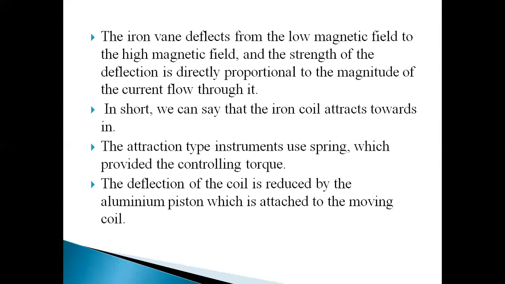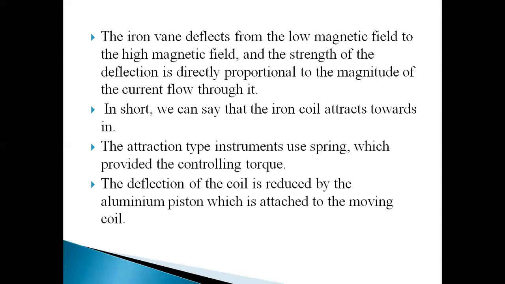So the deflection of the coil is reduced by the aluminum piston which is attached to the moving coil. And meanwhile, if the instrument is placed in the circuit where we want to measure the voltage or current, whenever the current passes through it, the deflection pointer is used to measure some value.